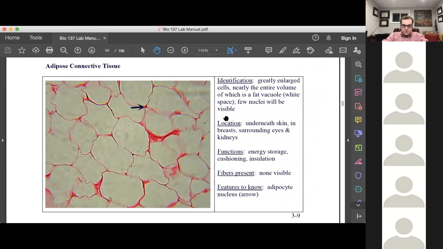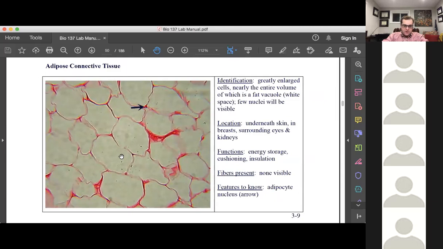They're generally large, the entire volume made up of the fat vacuole. It's really hard to see the nuclei. I would think that right there is a nucleus. The arrow here is a nucleus, but the take home here is basically when you just see an empty cell with the cell membrane and you're looking at fat.